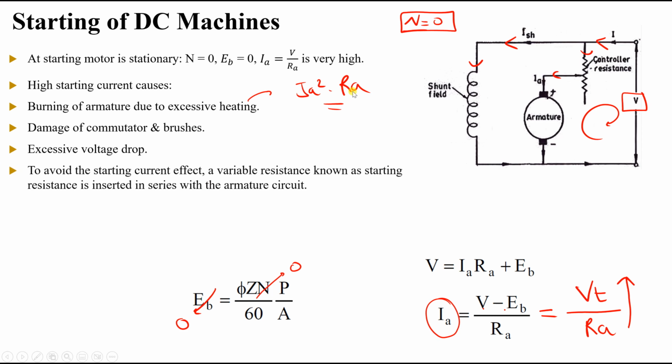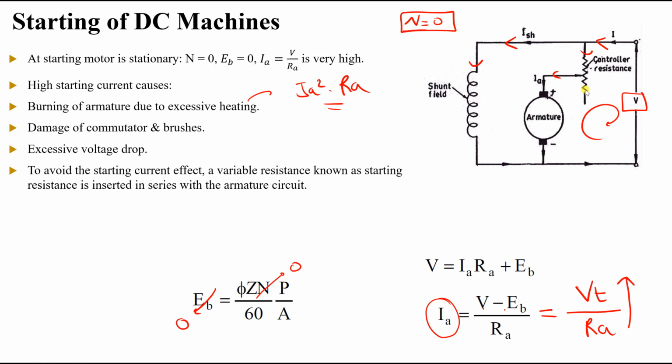So in order to avoid this starting effect, we add a variable resistance in series with our armature. This variable resistance is known as the starting resistance. This resistance is variable, and we add it at the very beginning of our electrical machine.